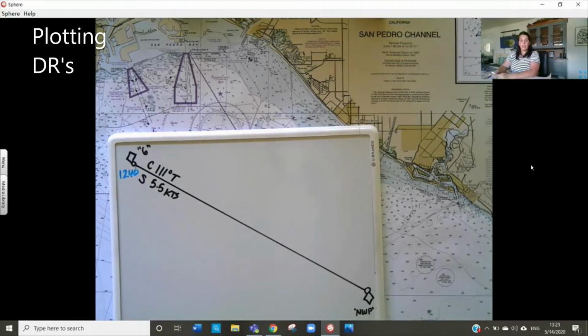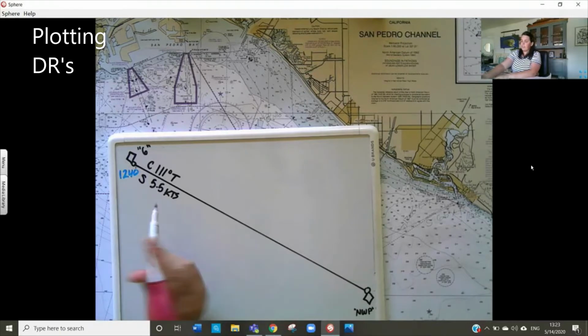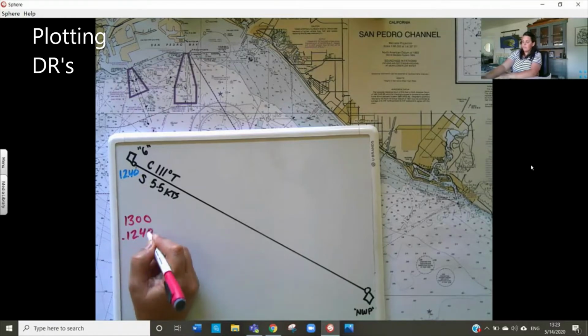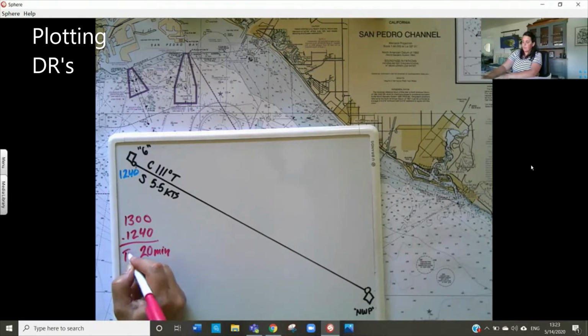Okay, to plot our DRs, we first need to plot to 1300. So we need to figure out how long that is. So we have 1300 minus 1240. That would be 20 minutes. So we have a time of 20 minutes. Our distance is our question mark, and our speed is 5.5 knots.